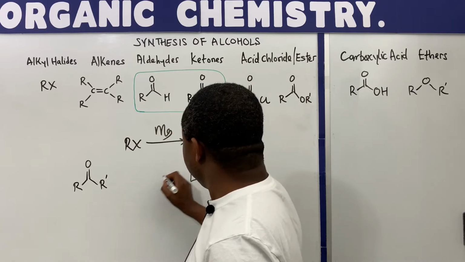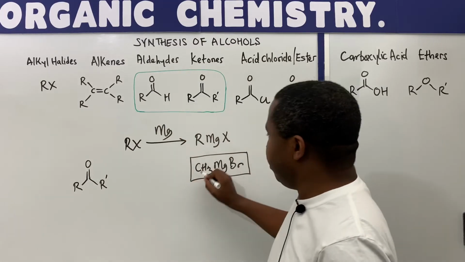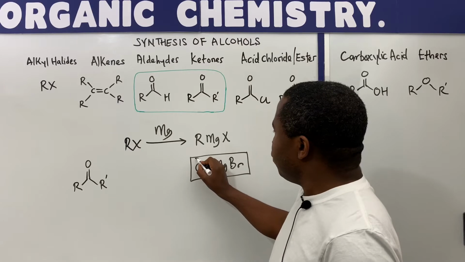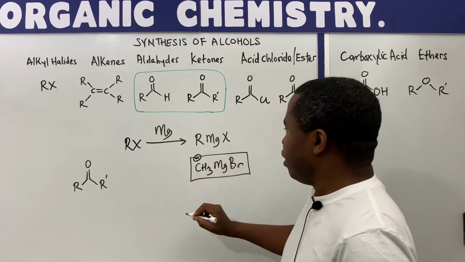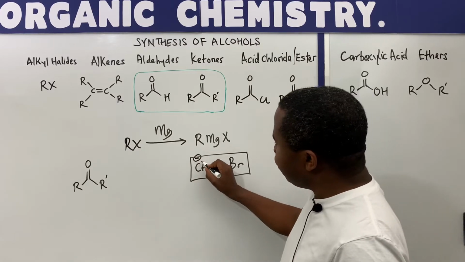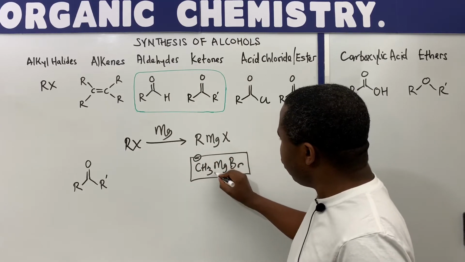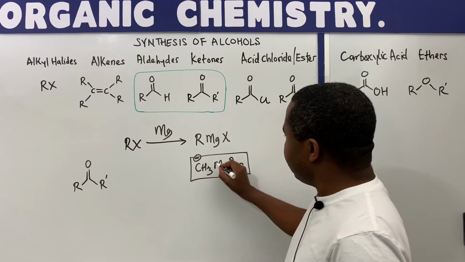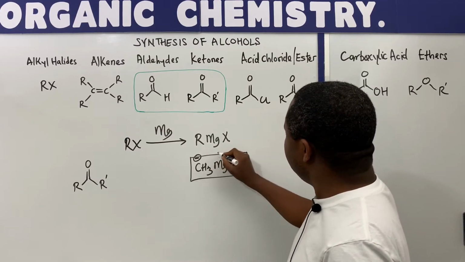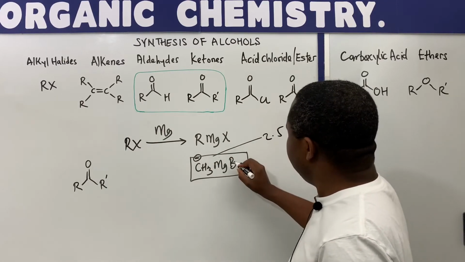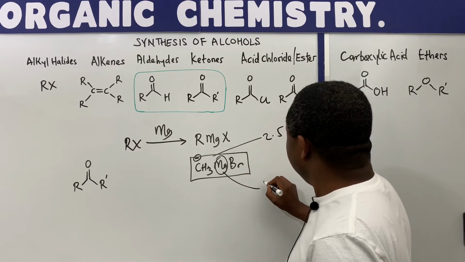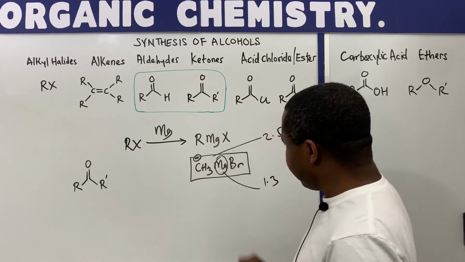And a Grignard reagent. So in a Grignard reagent, the carbon is mostly anionic. And that is because the electronegativity of carbon is much more than the electronegativity of magnesium. So I think the electronegativity of carbon is around 2.5. That of magnesium is around 1.3.